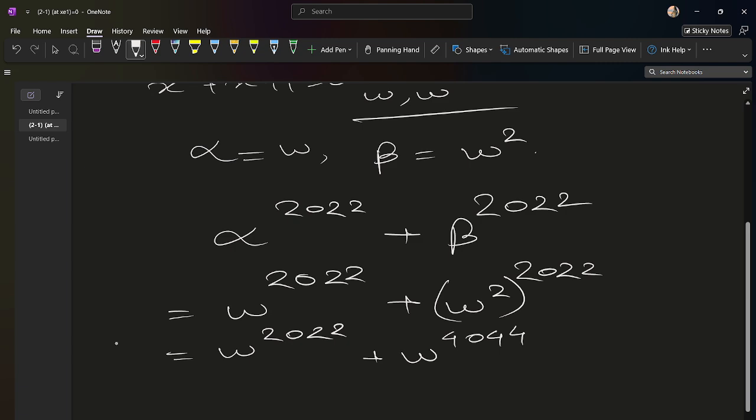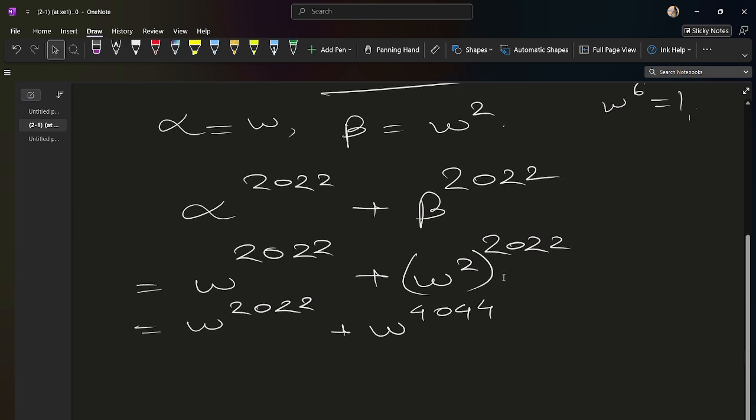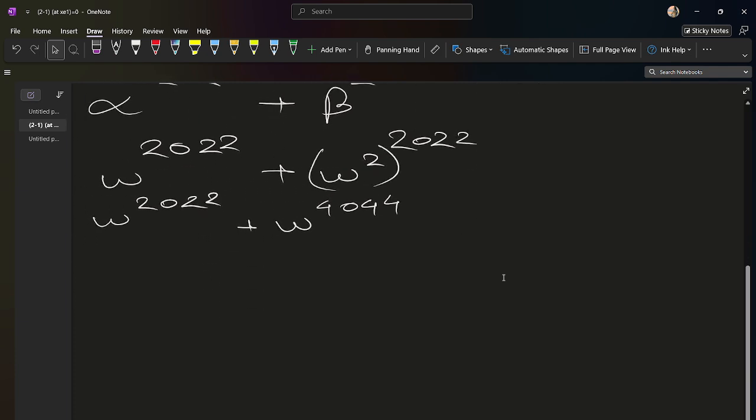As omega and omega square are both roots of unity, omega cube equals 1 and omega square cube, which is omega to the power 6, is also 1. So if 2022 and 4044 are divisible by 3, then we can write omega cube to the power something, which is 1 to the power something, so that will be 1.